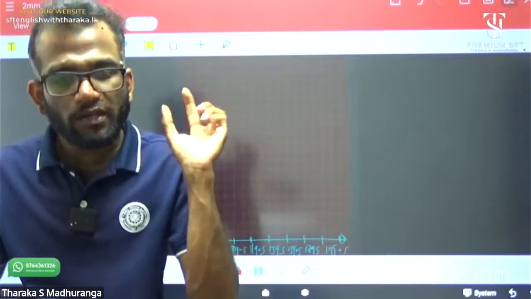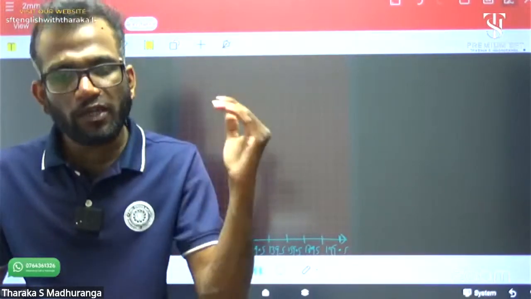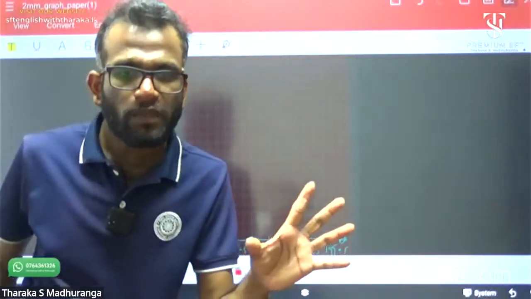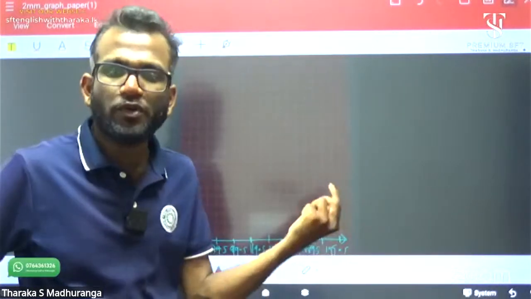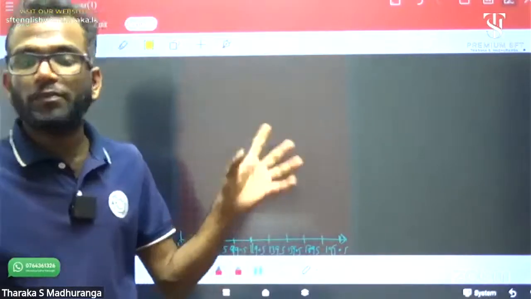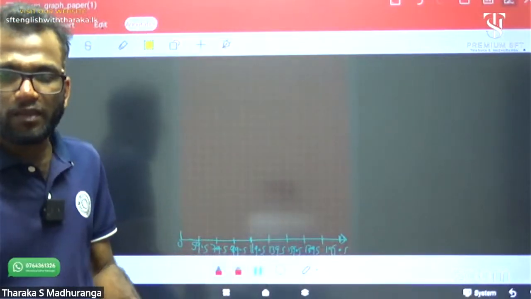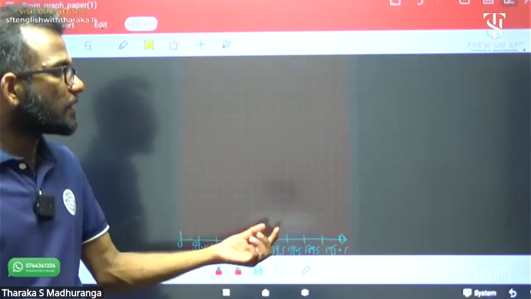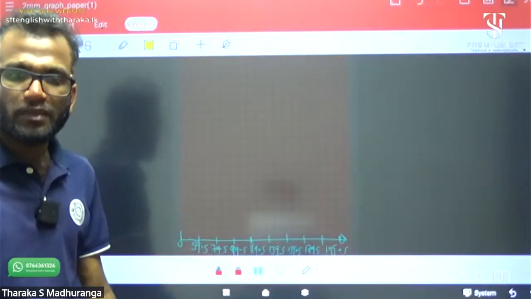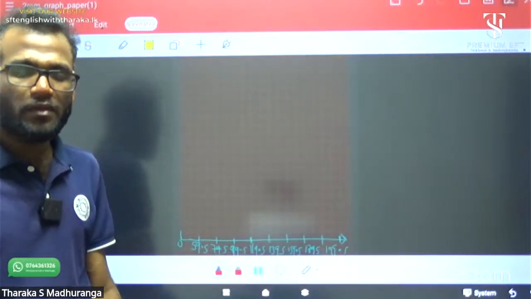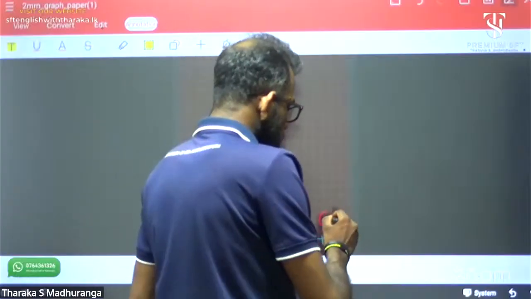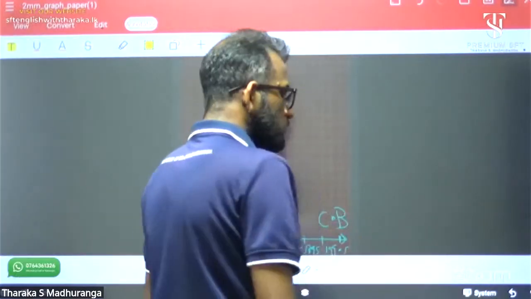But if they give a discrete frequency distribution, you have to convert into class boundaries before drawing any type of table or graph. For all types of graphs, the x-axis is class boundaries.